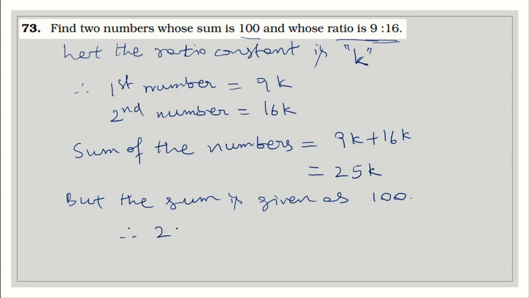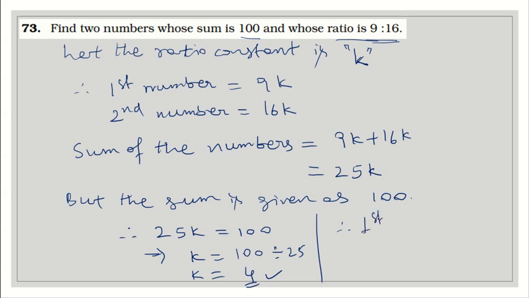Therefore 25k equals 100. It implies, by solving, 25 which is multiplying goes to the other side and divides: 100 divided by 25, so the ratio constant value we got is 4. Now we can go for concluding.